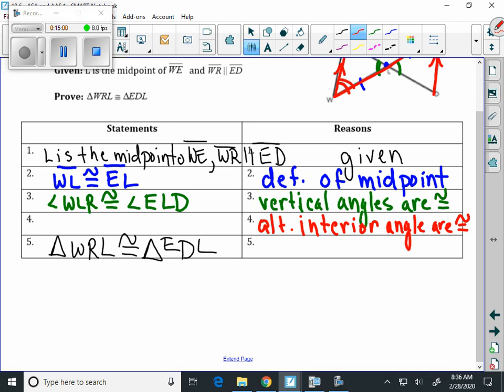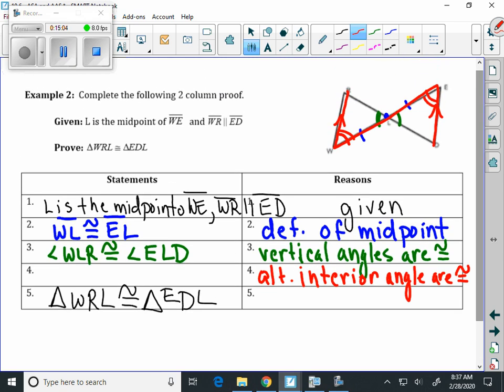So if we go back there, again, we need to be careful with our naming of this. But I did RWL. So we had no mark on RW, but we had one mark on the WL.